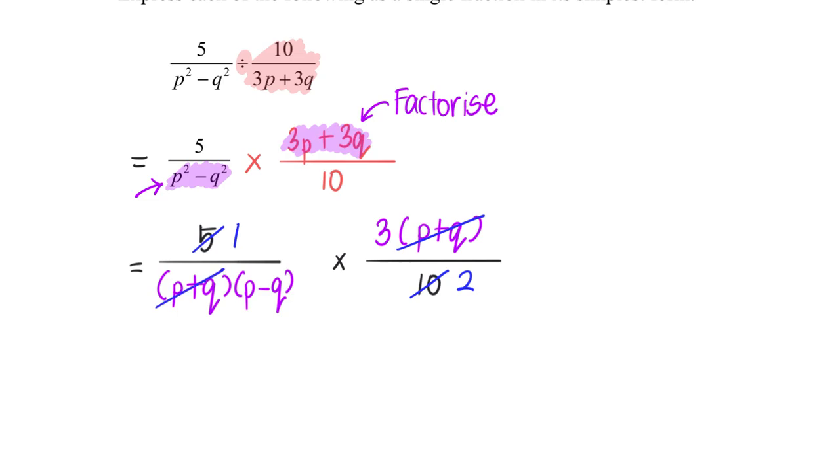I divide by that. And finally, the final answer will be 3 over p minus q times 2. So usually we write the 2 in front and p minus q, the bracket, behind.